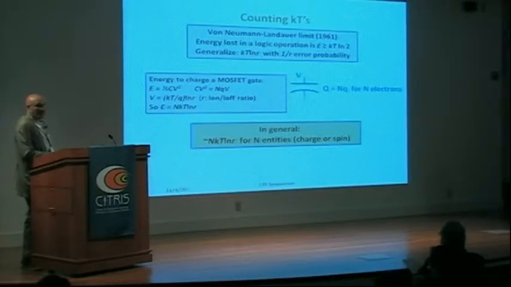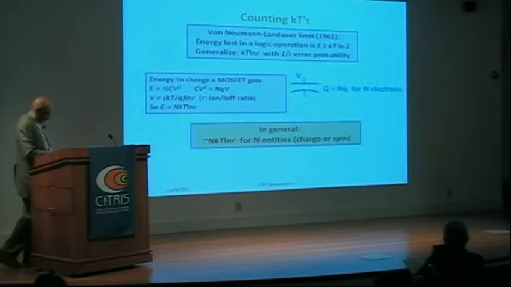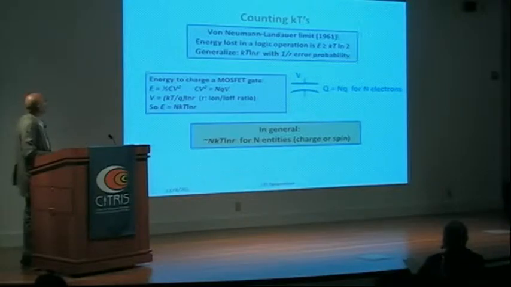Now, this is a result that was derived by, and I forgot to mention, this talk is a collaboration between myself and Saif Salahuddin here at Berkeley. And this is from an earlier paper of Salahuddin, this result.